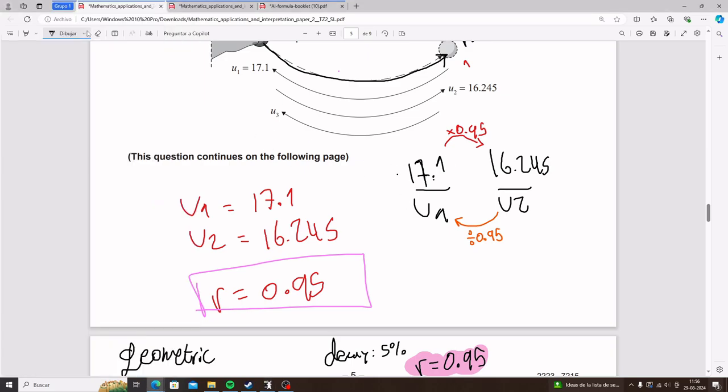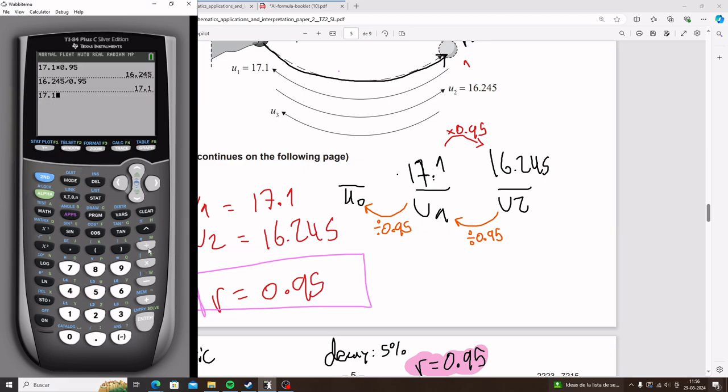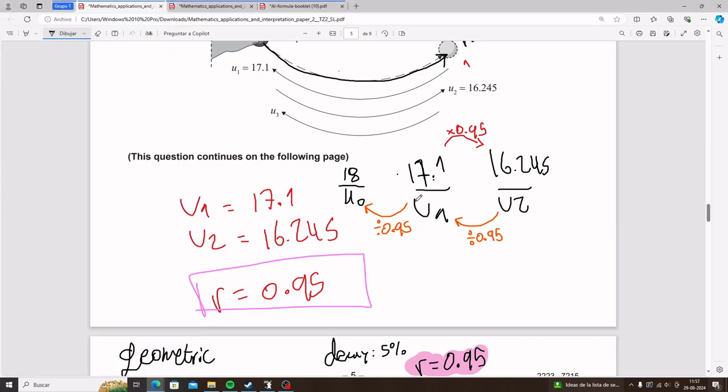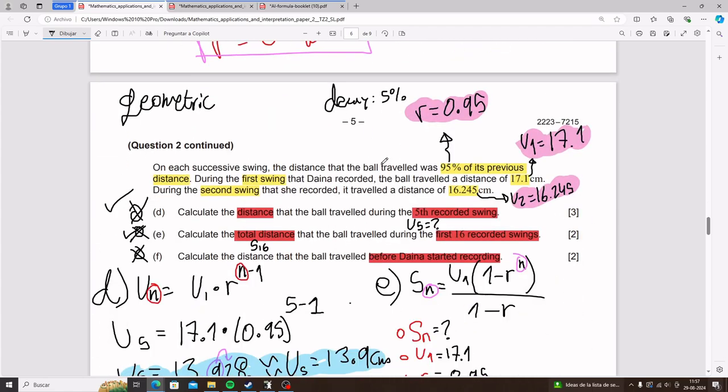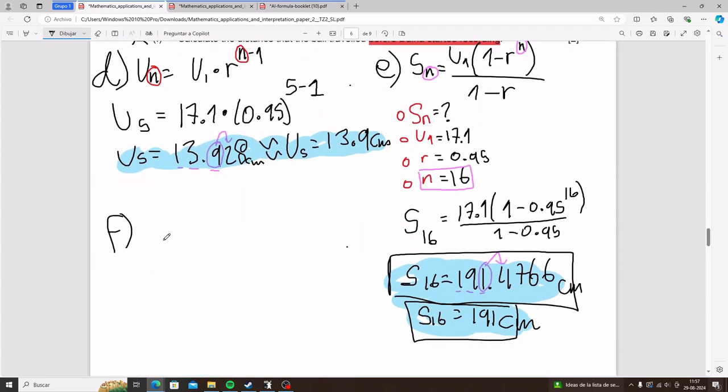And if you divide one more time by 0.95, you end up with the mythical U0. So 17.1 divided by 0.95, going backwards one more time, U0 is 18. And that is your argument, ladies and gentlemen, for the not recorded swing to be a distance of 18 centimeters. So for part F, you would say that U0 is 18 centimeters.